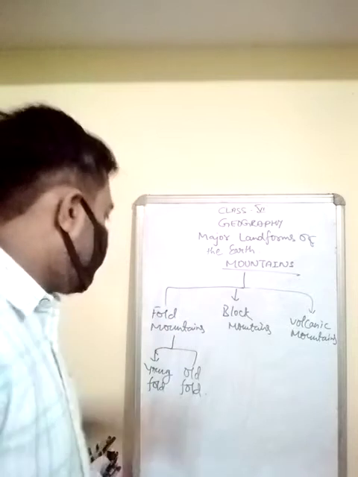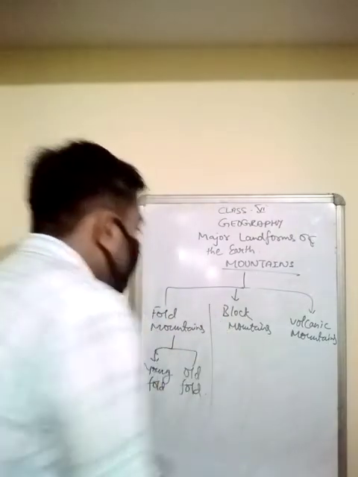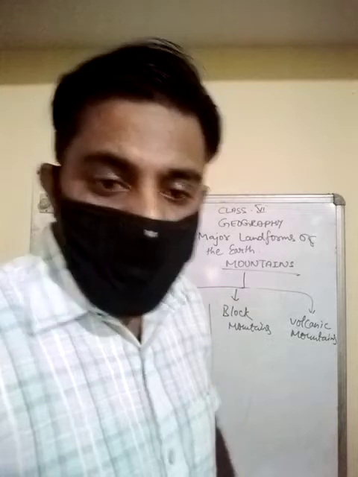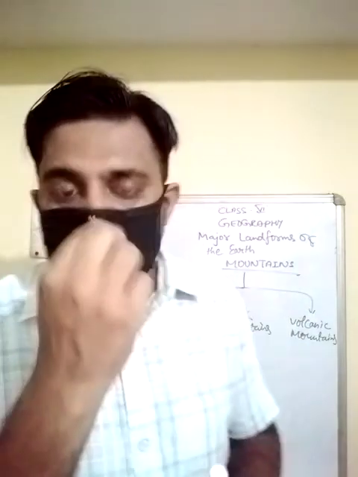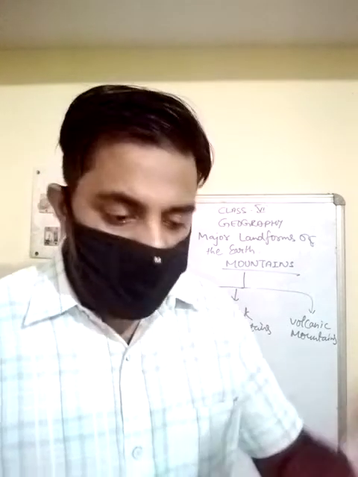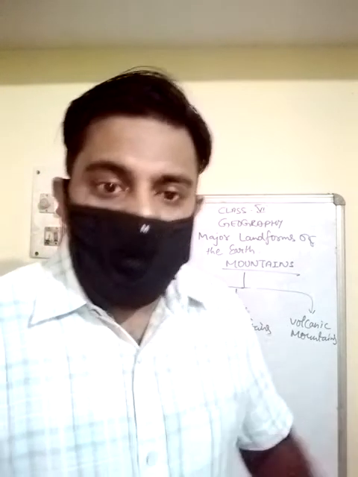Now if fold mountains are formed due to folding, then block mountains are formed due to faulting. If you remember, faulting is the process by which cracks appear on the earth's crust. Cracks or depressions or holes, if you have to make it easy, on the earth's crust. Now let's see what happens.